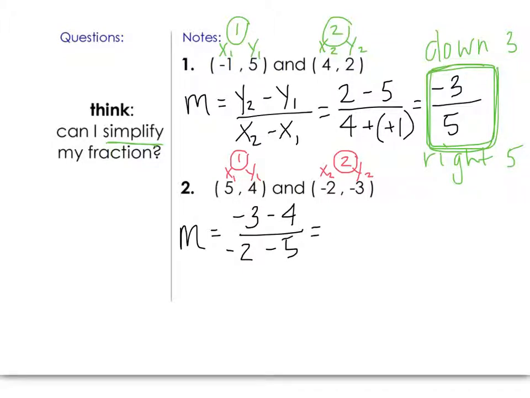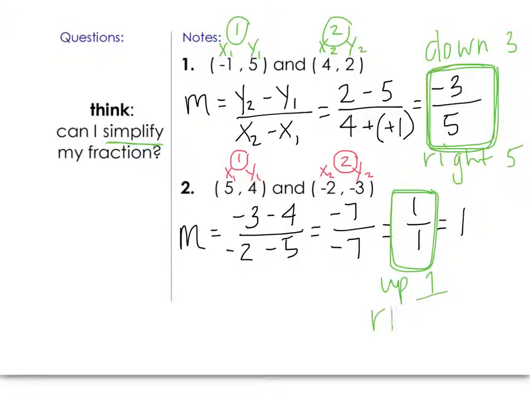Well, negative 3 take away 4 is negative 7 over negative 2 take away 5 is negative 7. What's negative 7 divided by negative 7? Isn't that just 1 over 1? Or 1? Well, I'm going to leave my slope like a fraction, and what this means is as I go up 1, I go to the right 1. I rise 1, I run 1.